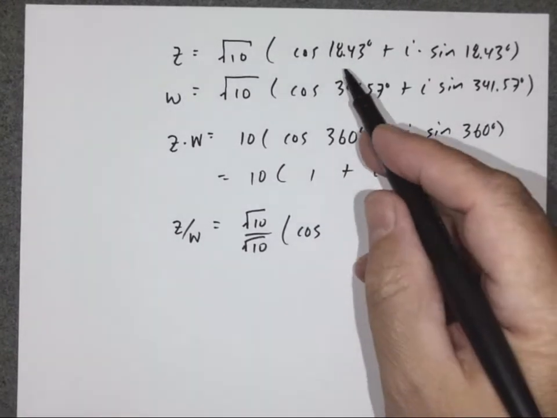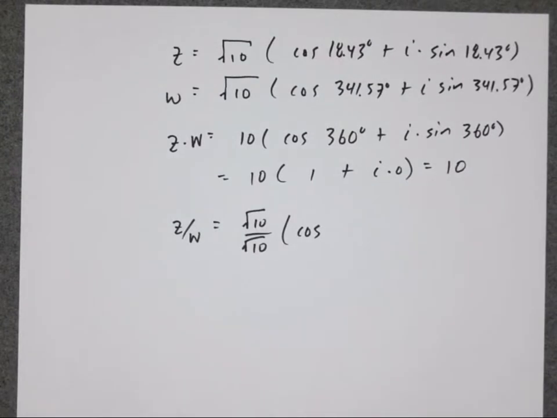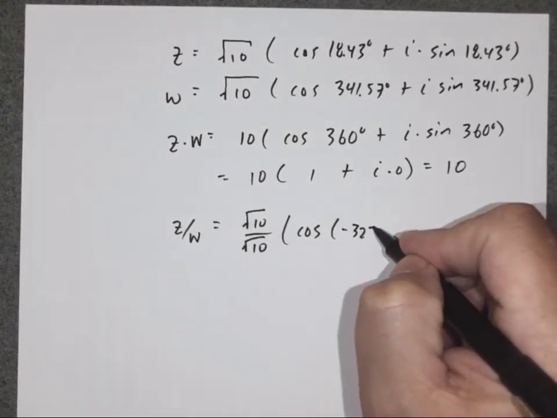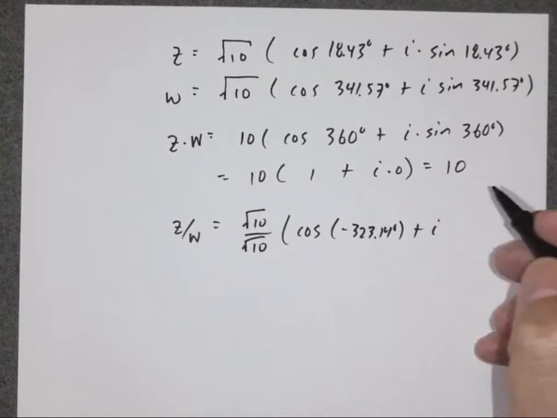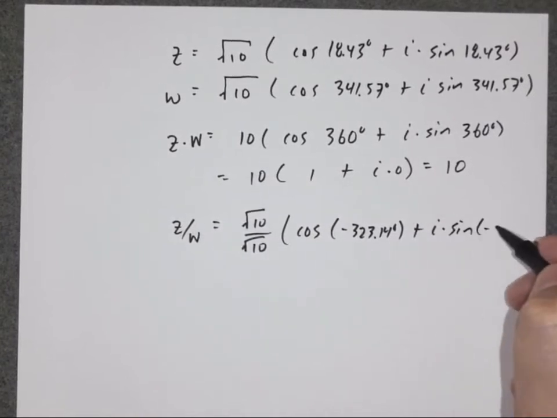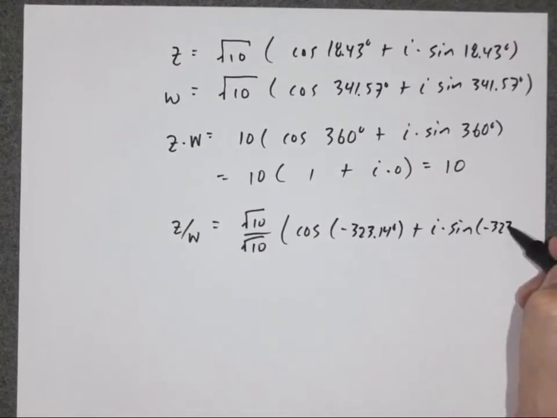So actually it's going to be 18.43 subtract 341.57. Negative 323.14.